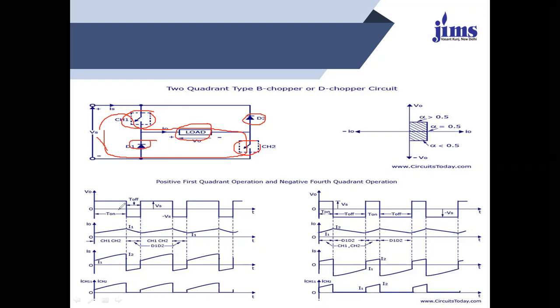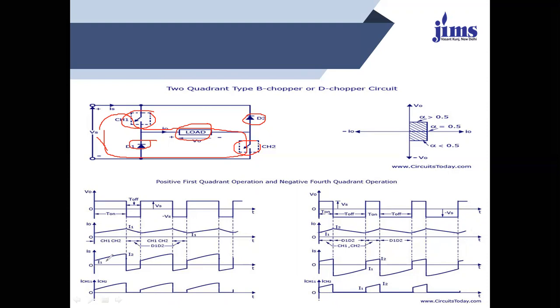This will be the output voltage during T on. Once T on is on, we get the output voltage based on chopper 1 and chopper 2, which are both on, so we get the on time. When both of them are off, we get the value of I1.